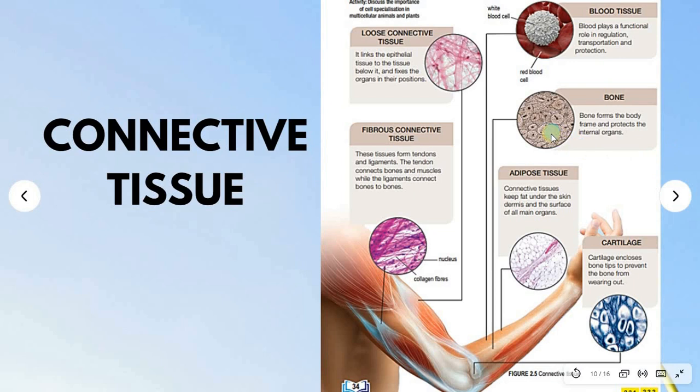Then adipose tissue is a connective tissue that keeps fat under the skin dermis and on the surface of main organs. Cartilage encloses bone tips to prevent the bone from wearing out. Cartilage refers to the soft bone, for example our ear cartilage.